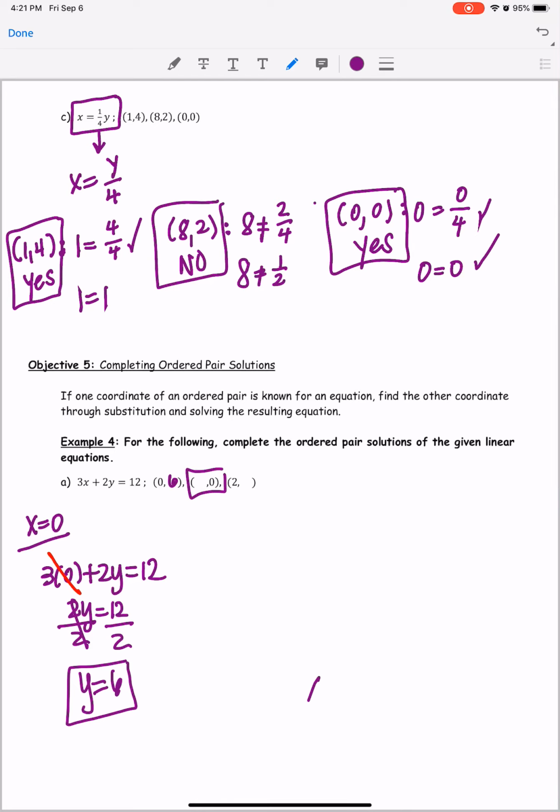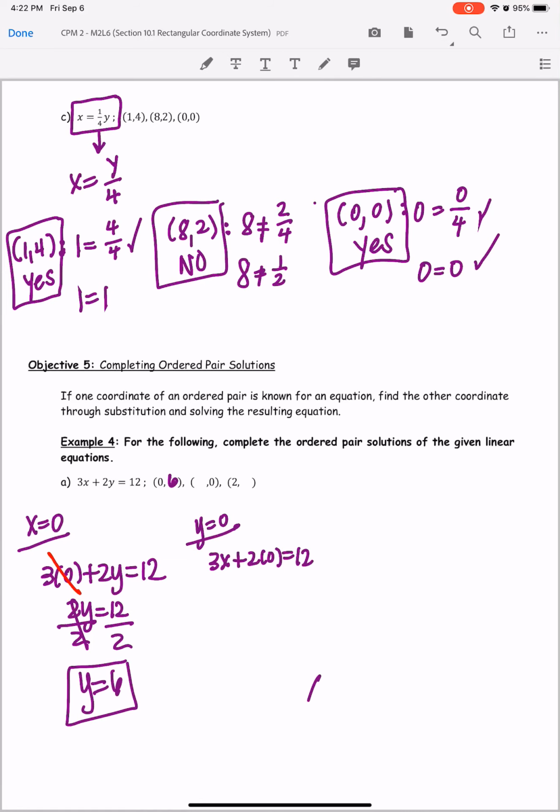Okay, now on this one, now I do not have x, but they give me y. So when y is 0, now plug in a 0 for this y here. So we get 3x plus 2 times 0 equals 12.